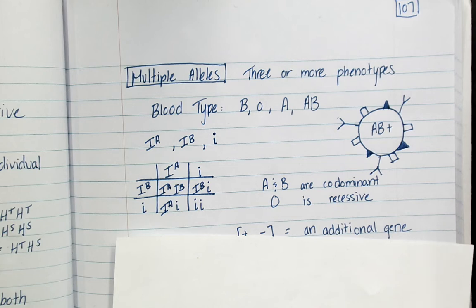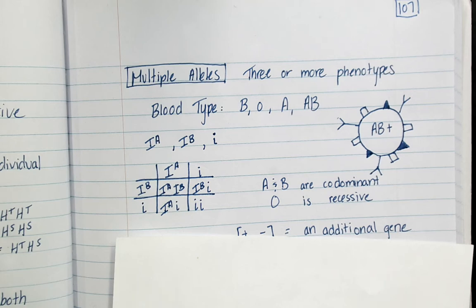So that means there's nothing on those cells that another human body would recognize as foreign, so they can donate their blood to anyone. Unfortunately, it also means that they can only accept blood from other people that are O negative, because any other type of blood is going to have a marker on it that they don't have, and their bodies will recognize it as foreign.